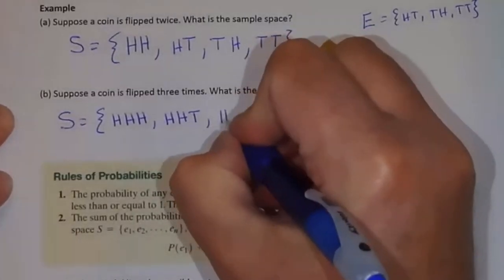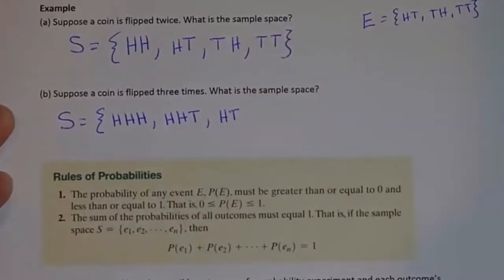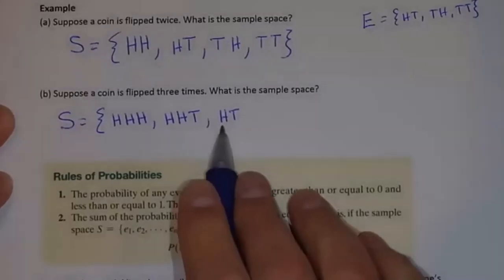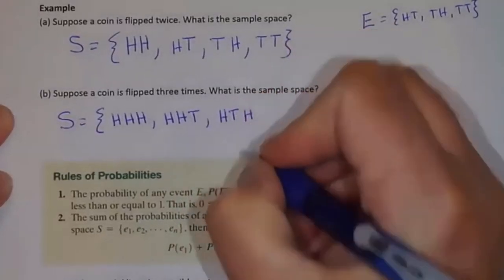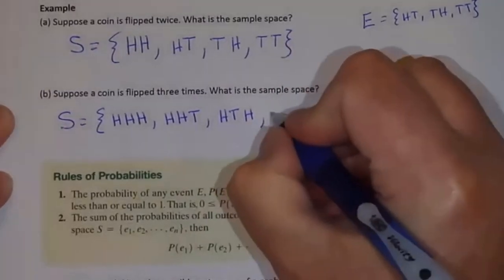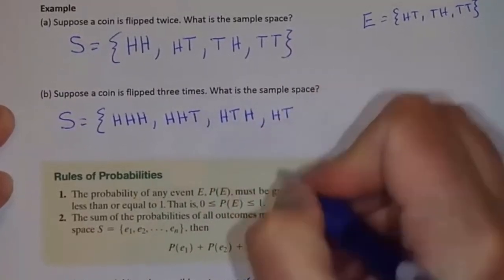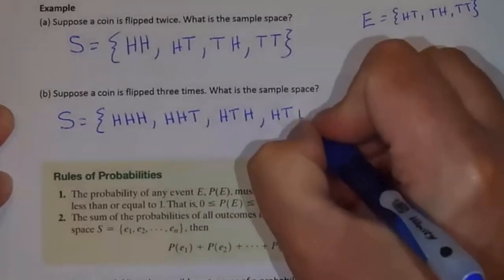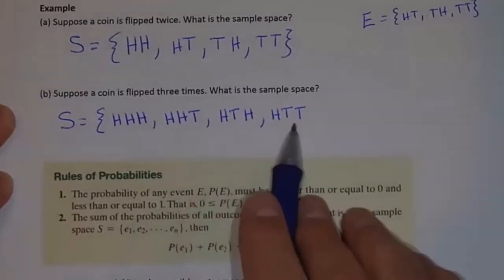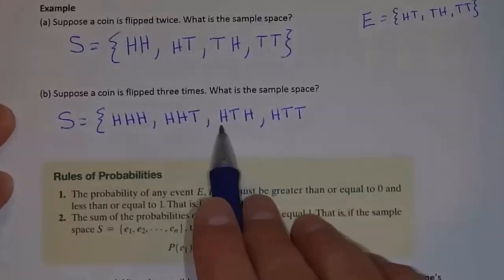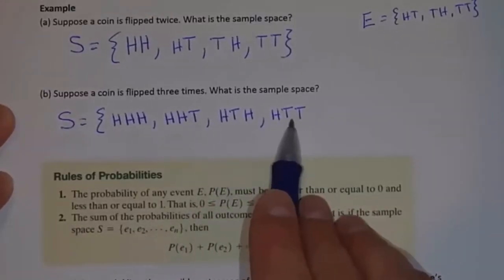Now, I could get heads on the first flip and tails on the second flip. So if I get heads on the first flip and tails on the second flip, then I could possibly get heads on the third flip. Or I could possibly get tails on the third flip. So these are the only 2 outcomes where I have heads on the first flip and tails on the second flip.